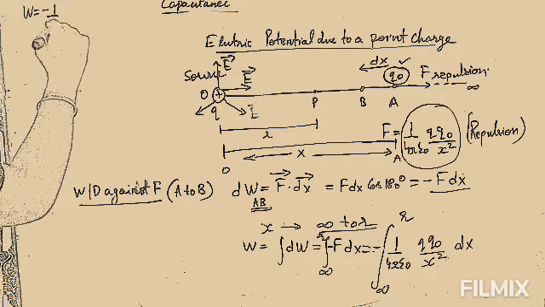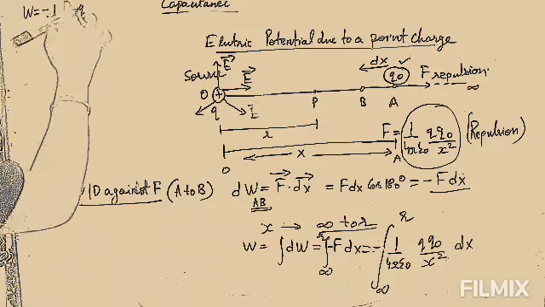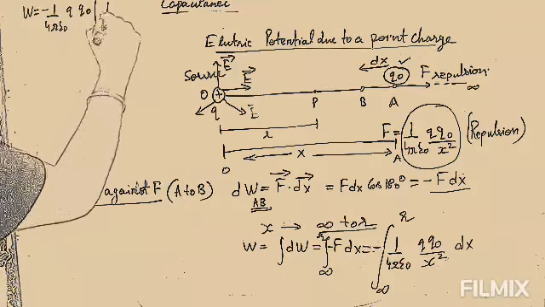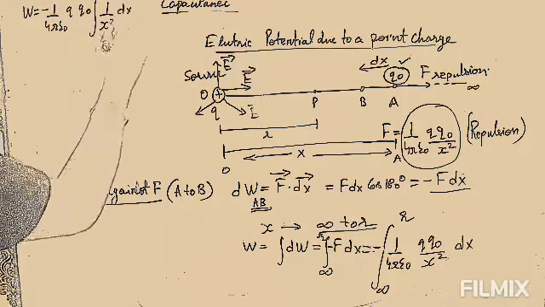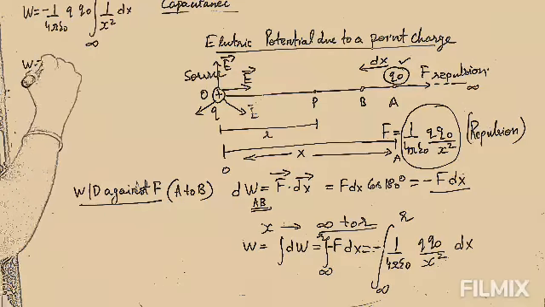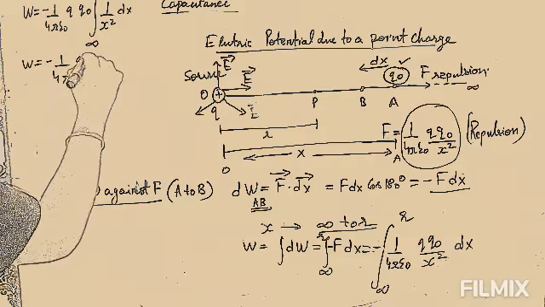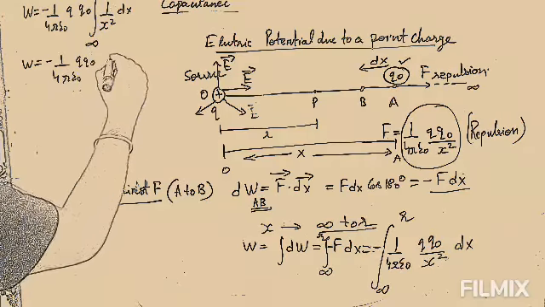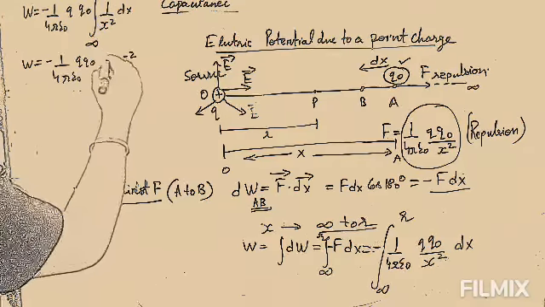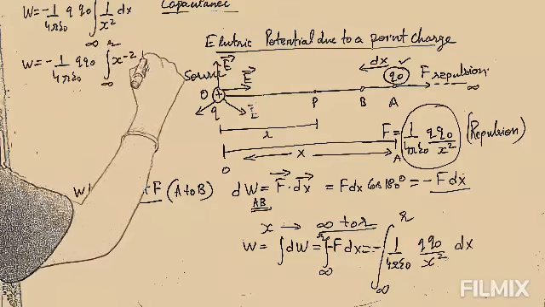Minus 1 by 4 pi epsilon naught, product of both the charges could be taken out of the integration. Only left will be x square dx, limits infinity to r. Minus of 1 by 4 pi epsilon naught q into q naught, here x to the power minus 2, integration infinity to r dx.